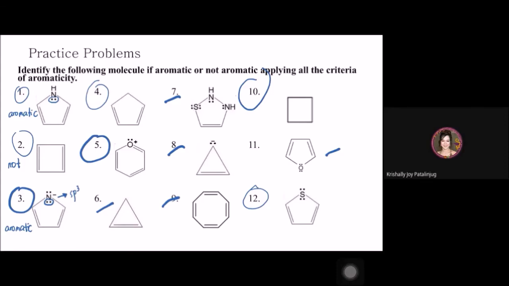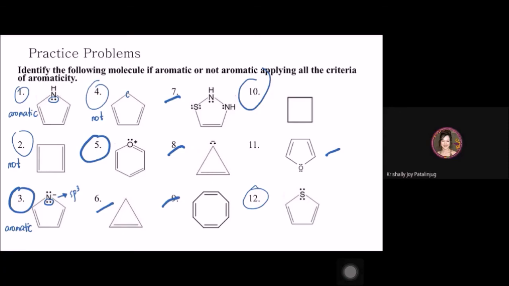Okay, number 4. The pi electrons here are only 4, because the carbon here has no lone pair, so you cannot count pi electrons there. Obviously, there are 4 pi electrons here, so automatically, this is not aromatic.